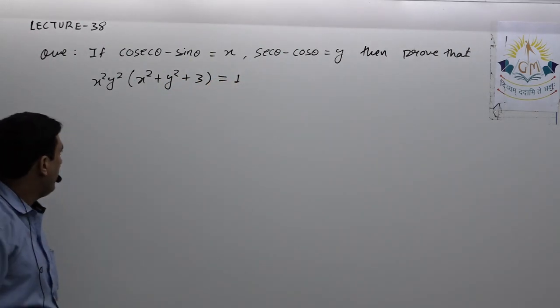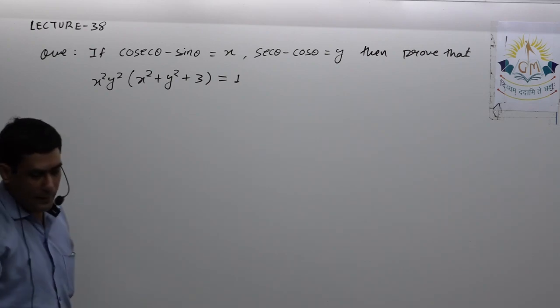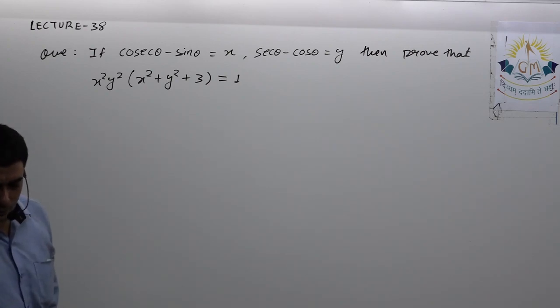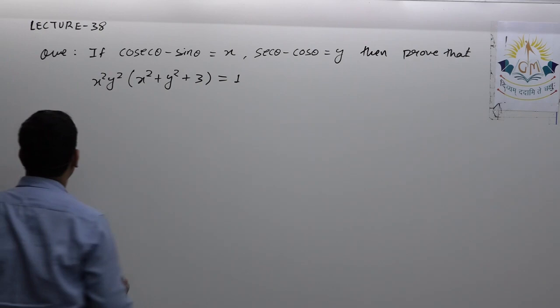That is, x square into y square multiplied by x square plus y square plus 3 is equal to 1.